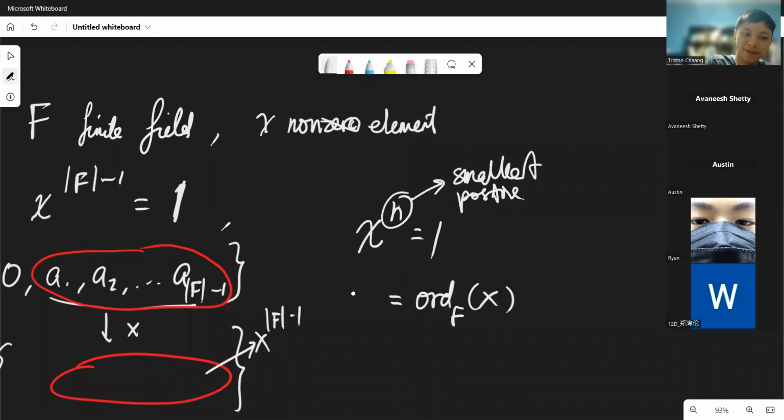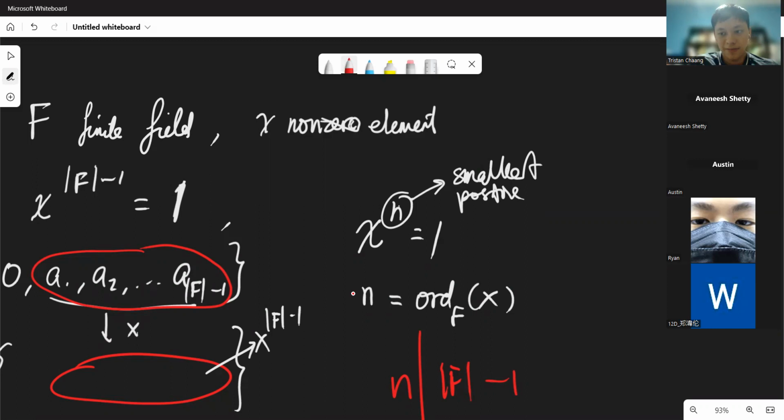Now, why does n divide F minus 1? The order of x must divide the size of the set minus 1.